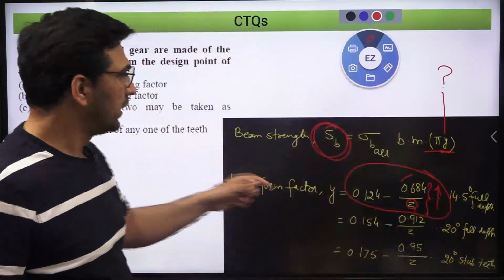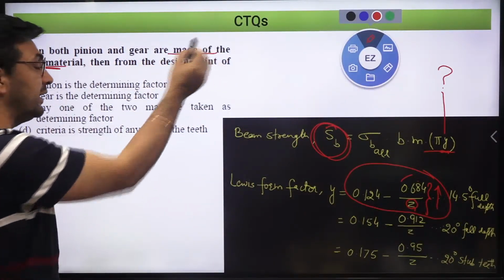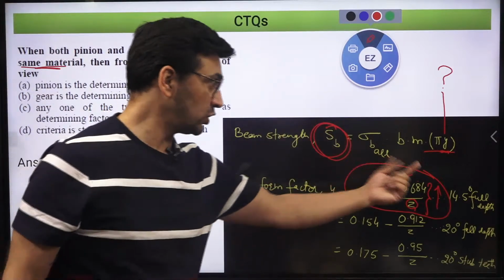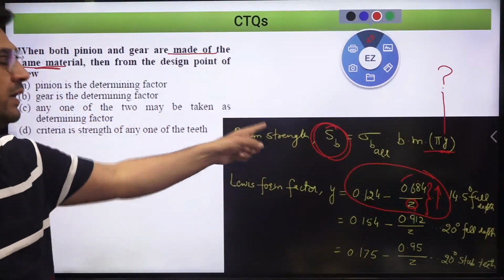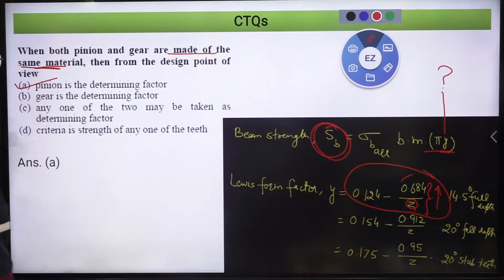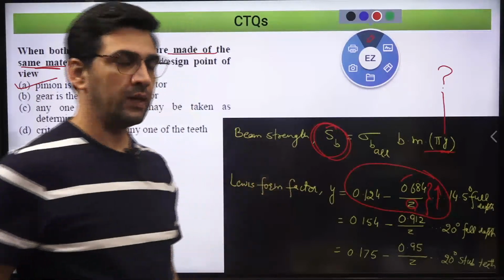When they are made up of the same material, the pinion has less capacity to carry the tangential tooth load, because y is small, and therefore we are going to design the gears based upon the pinion. So that is why our pinion is the determining factor, and we are going to design this gear and pinion set based upon the pinion.